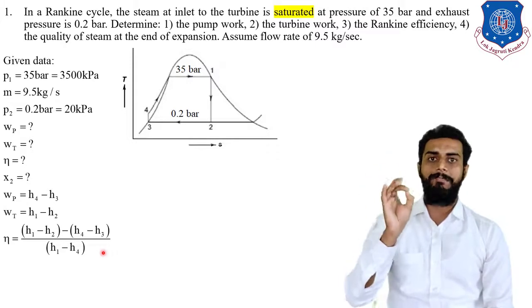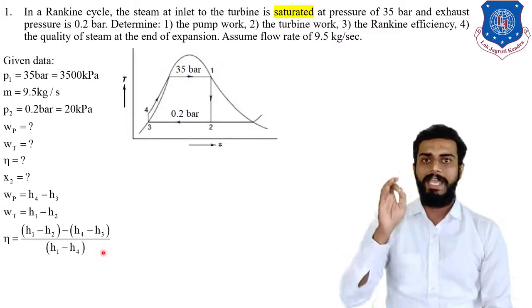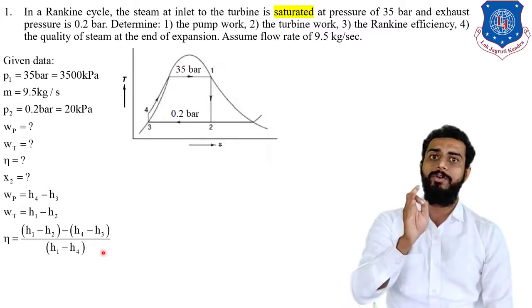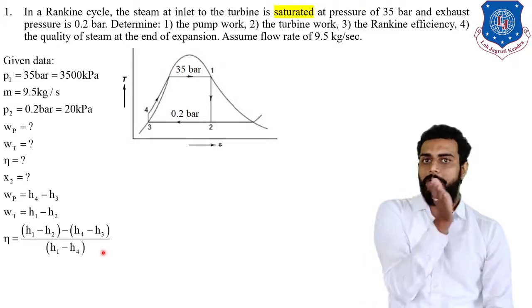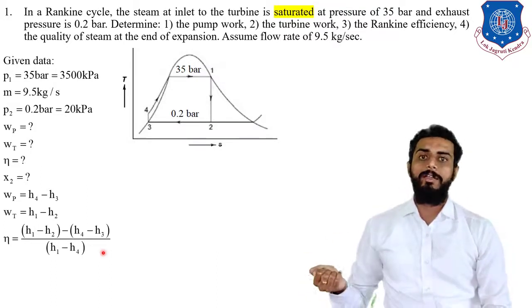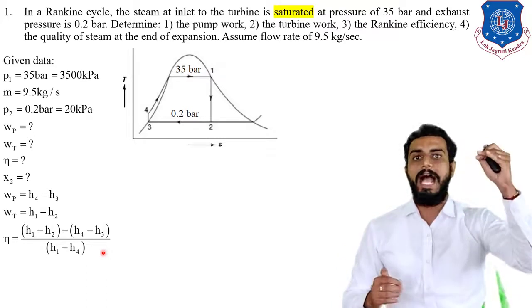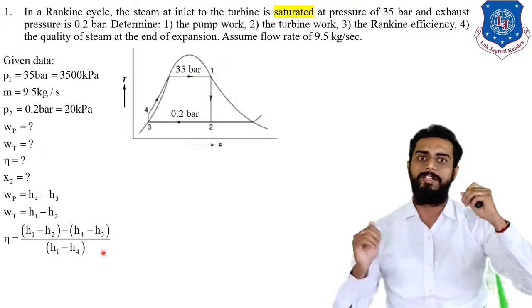In turbine work, in pump work and in heat supply, which enthalpy should be first? The enthalpy having the higher value should be first. You know that at the outlet of the boiler you will have steam, and at the inlet of the boiler you will have water. So obviously steam will have higher enthalpy compared to the water. That is why H1 will be higher compared to H4.